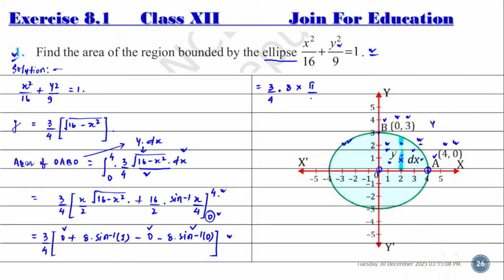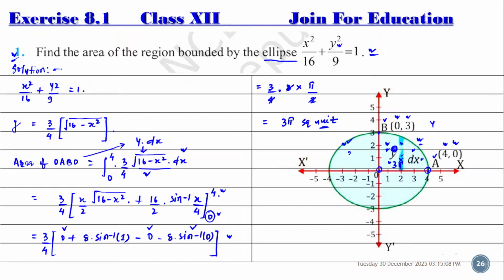So here 4 goes into 8. So we get here 3 pi square unit.